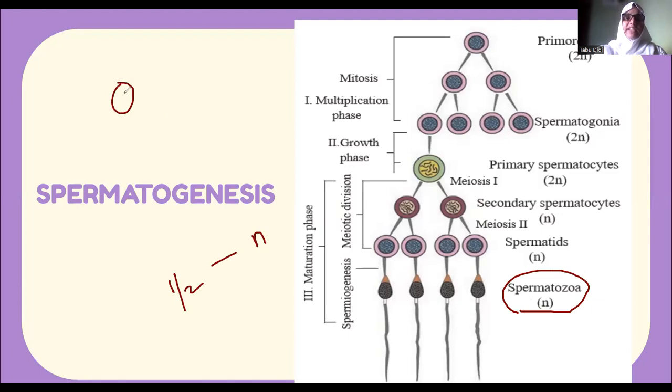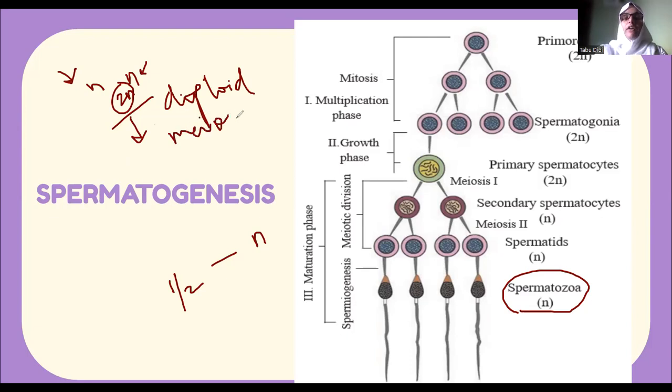Any given parent cell will always be diploid in nature, with n coming from the paternal side and n coming from the maternal side. But when this parent cell undergoes meiotic division, the daughter cells that result will be haploid cells.